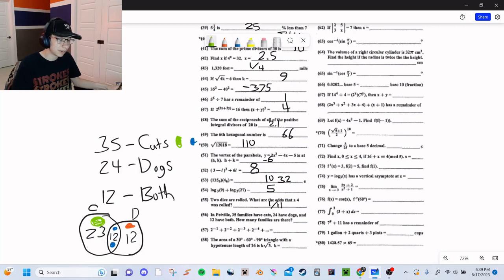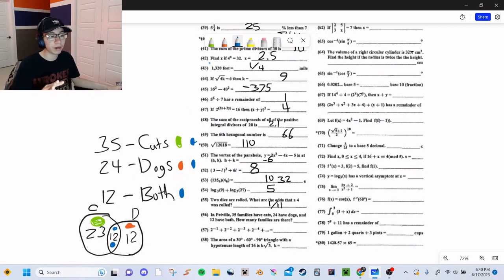Because 35 represents both of these sections. And the dog owners represent the orange section and the blue section, right? Both of these sections here. And lastly, the section that represents both, just this section here, blue.